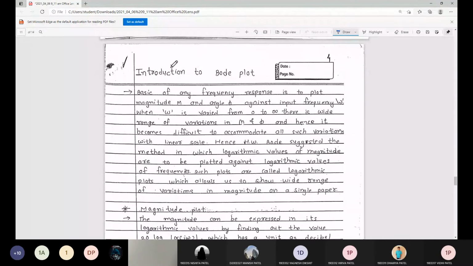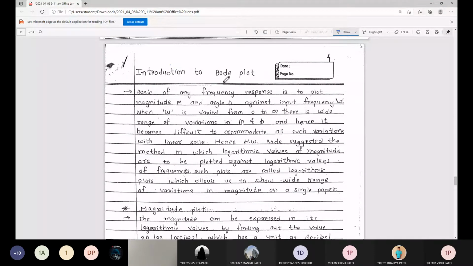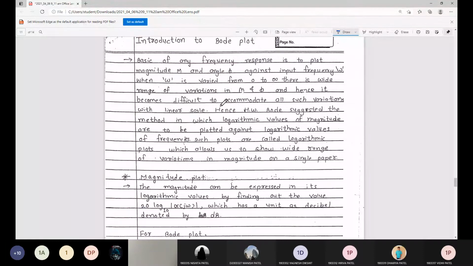So one method for finding the stability of the system in frequency response analysis is the Bode plot. How we can plot it and what factors affect it, we will see in this lecture, and in the next lecture we are going to plot the Bode plot.